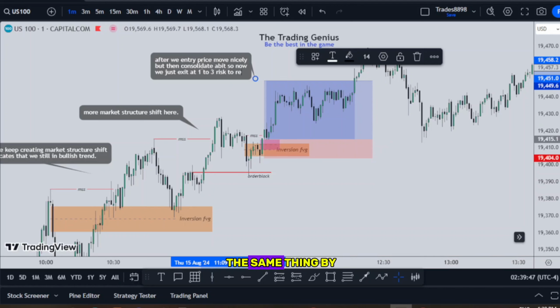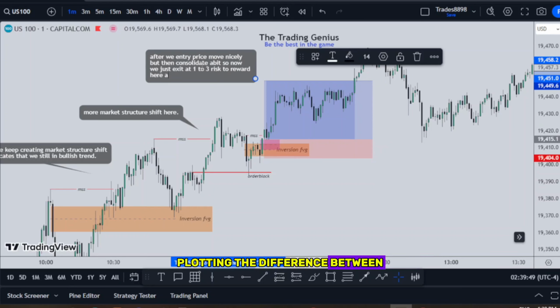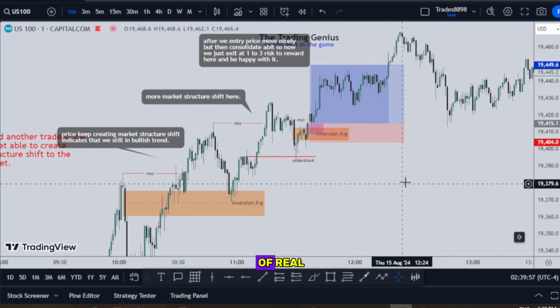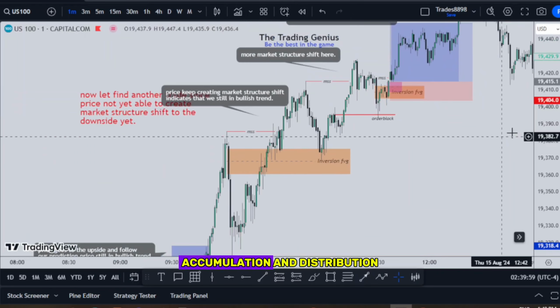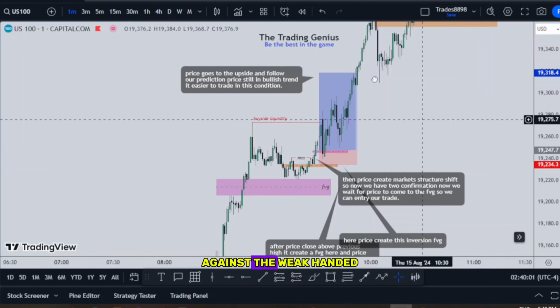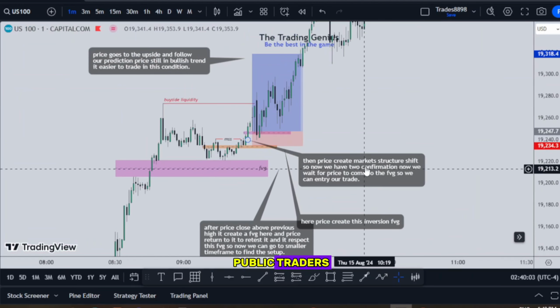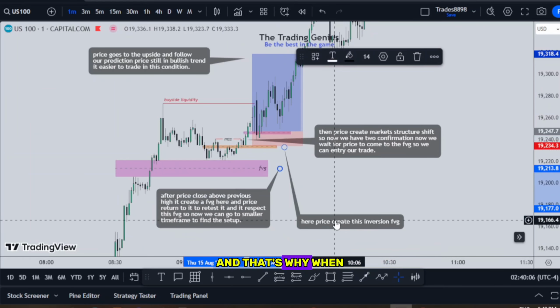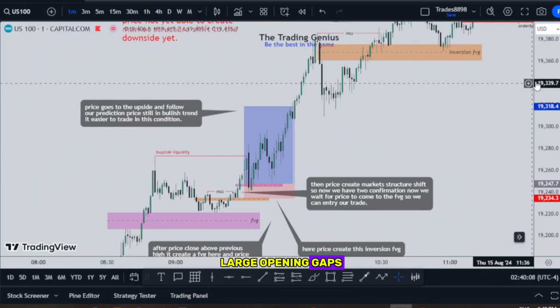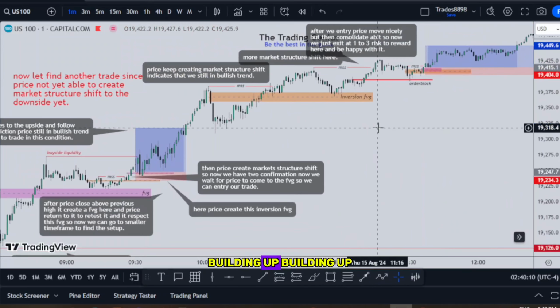And then you do the same thing by plotting the difference between the opening price to the closing price. And if you do that, what you'll start seeing is an X-ray view of real accumulation and distribution against the weak-handed public traders.